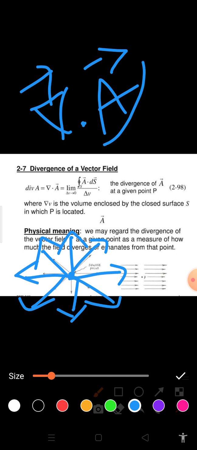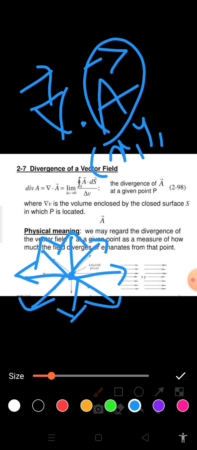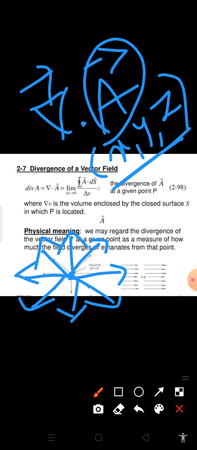Here A is a vector point function of a three-dimensional point, meaning each point x, y, z in a three-dimensional region of space. The divergence of a vector field is denoted by del bar dot A bar.